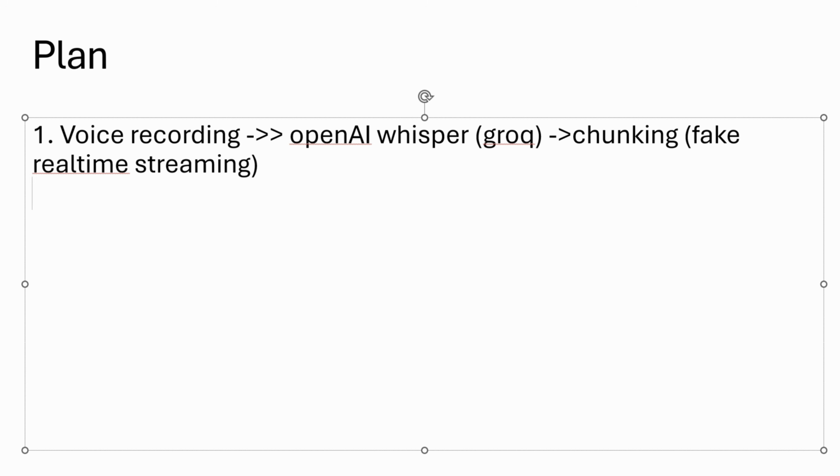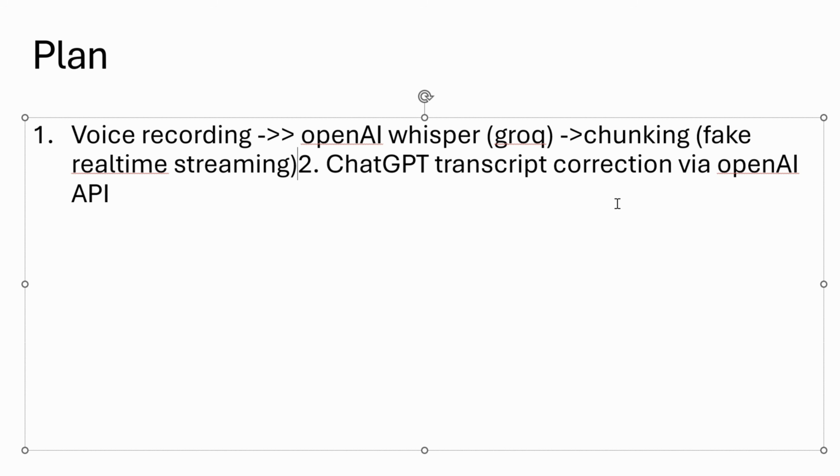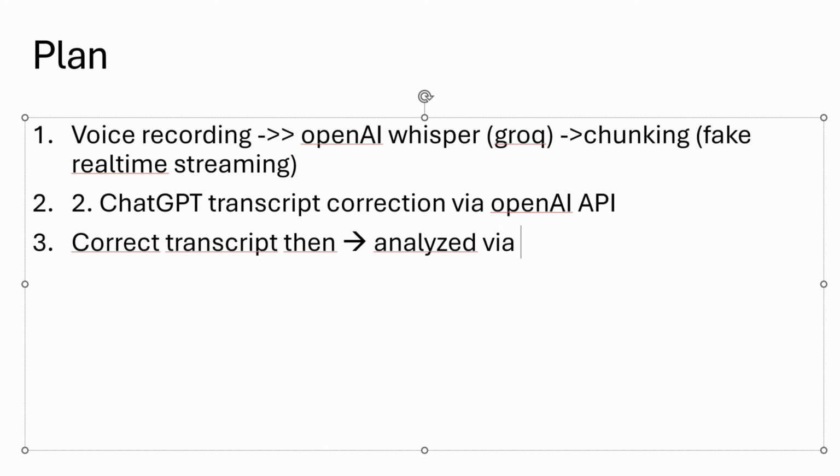Then the second layer will be a ChatGPT transcript correction, where we fix all the voice recognition errors using a ChatGPT prompt via OpenAI API. Then we have a corrected transcript, and this corrected transcript is then analyzed via JSON.